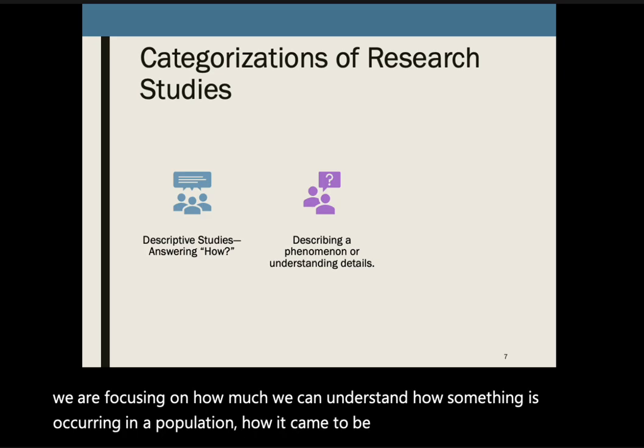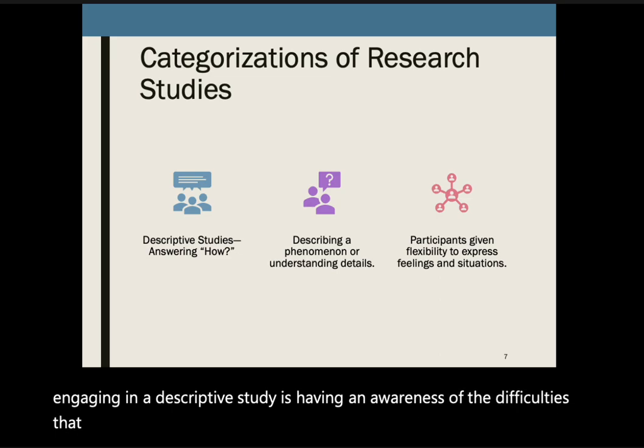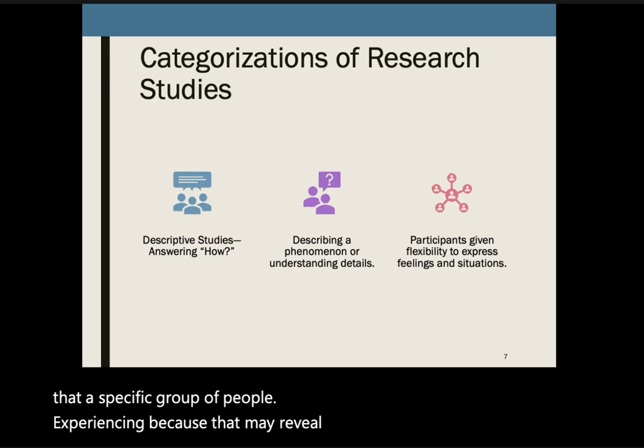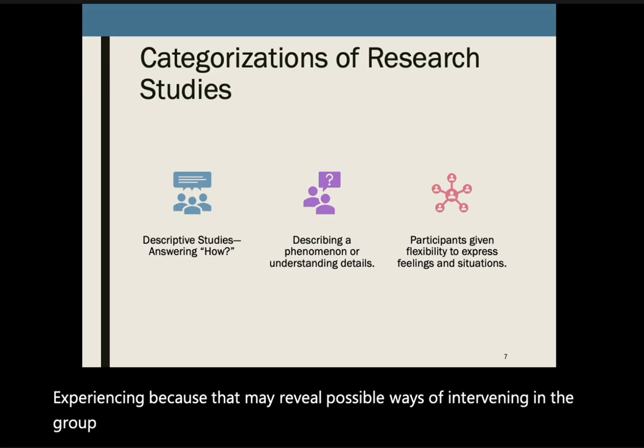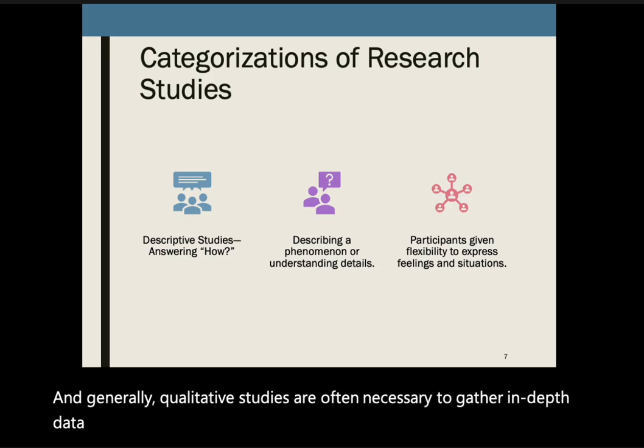And an imperative part of engaging in a descriptive study is having an awareness of the difficulties that a specific group of people is experiencing, because that may reveal possible ways of intervening in the group that you are looking at that might be in need. And generally, qualitative studies are often necessary to gather in-depth data and allow participants the flexibility of expressing those feelings and situations in detail.